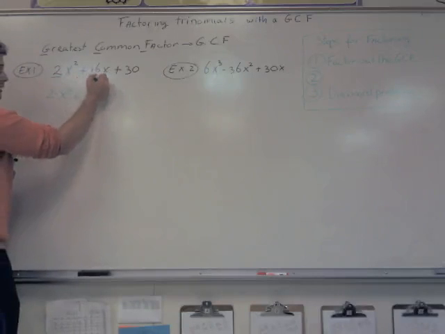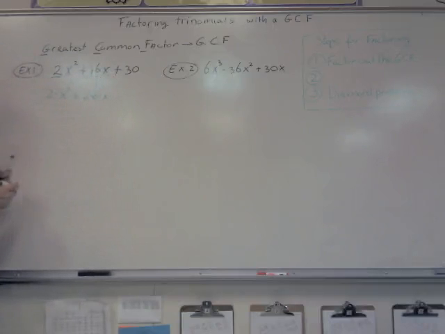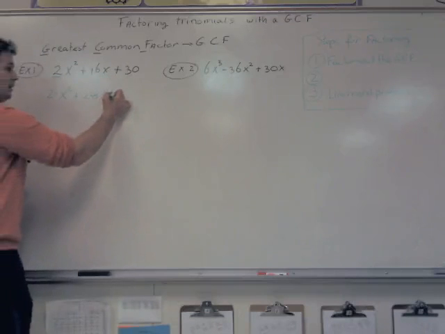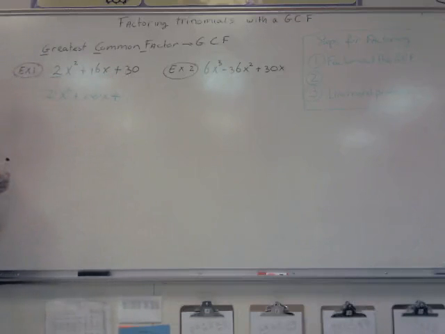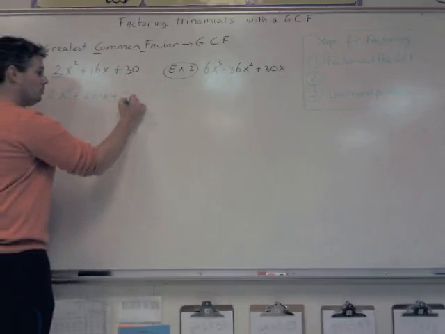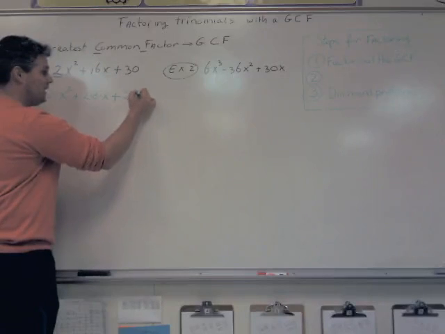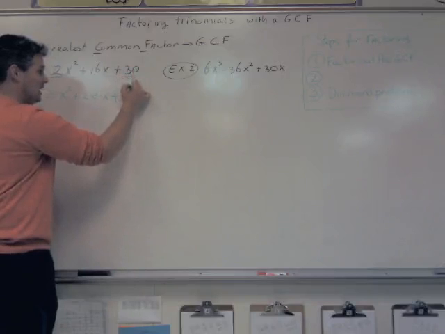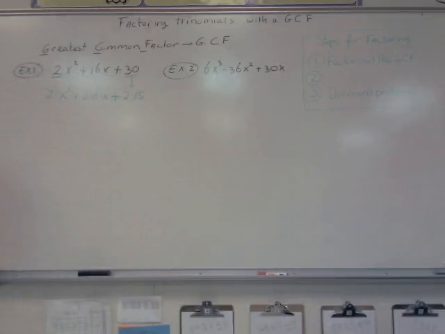So you see that this middle term is exactly the same as I wrote over here, because 2 times 8 is still 16. The last term I can also write as a product with a factor of 2, 2 times 15, which is the exact same thing. I didn't change any values here, I just changed the way I wrote these numbers.